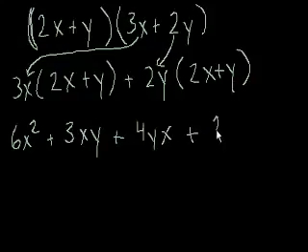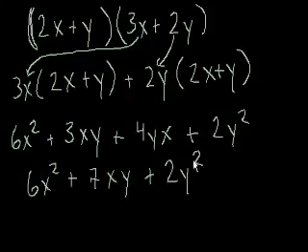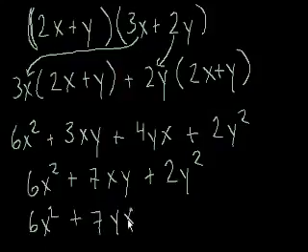Well, that's just 2y squared. Now can we simplify anything here? Think about it a little bit. Well, it turns out that xy and yx are the same thing. They're just switching the order. So you could just rewrite this as 6x squared plus 7xy plus 2y squared. And we could have just as easily written it as 6x squared plus 7yx plus 2y squared. Hope I'm not confusing you.